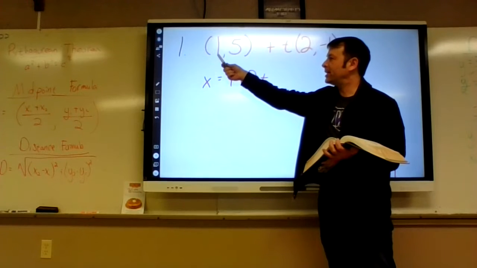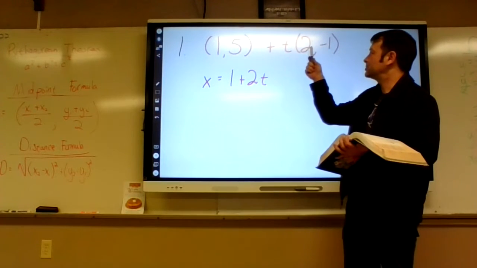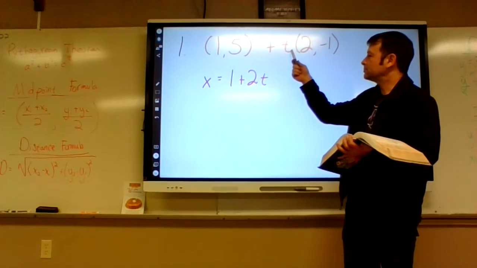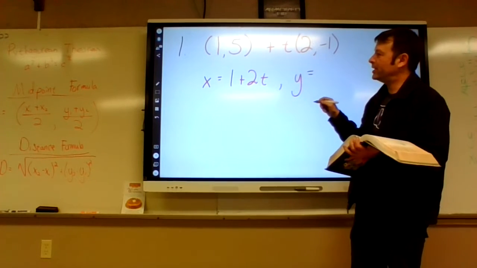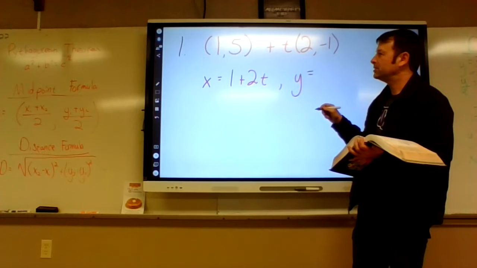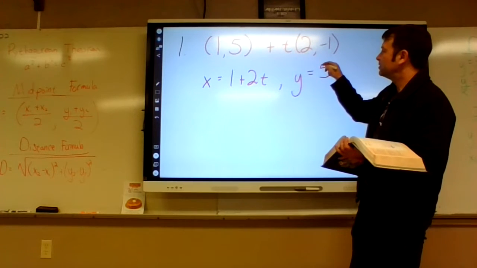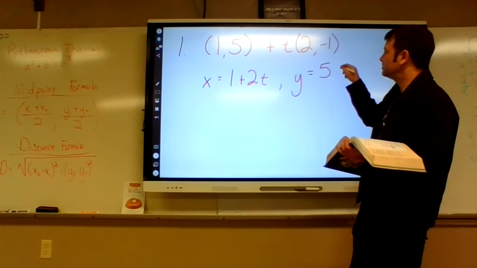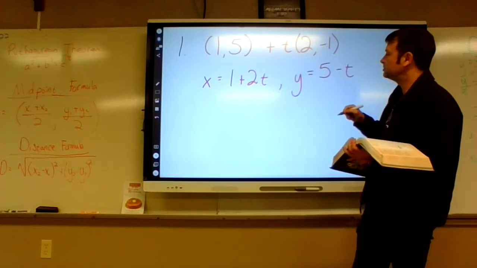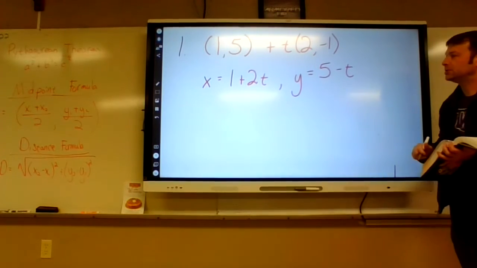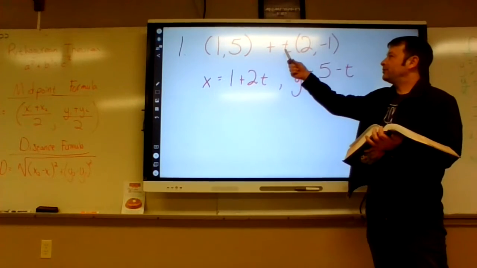I got that from the x coordinates. And what would the y coordinate be? Y would equal 5 plus -1 times t, so 5 minus t, because we got -1 times t right there.